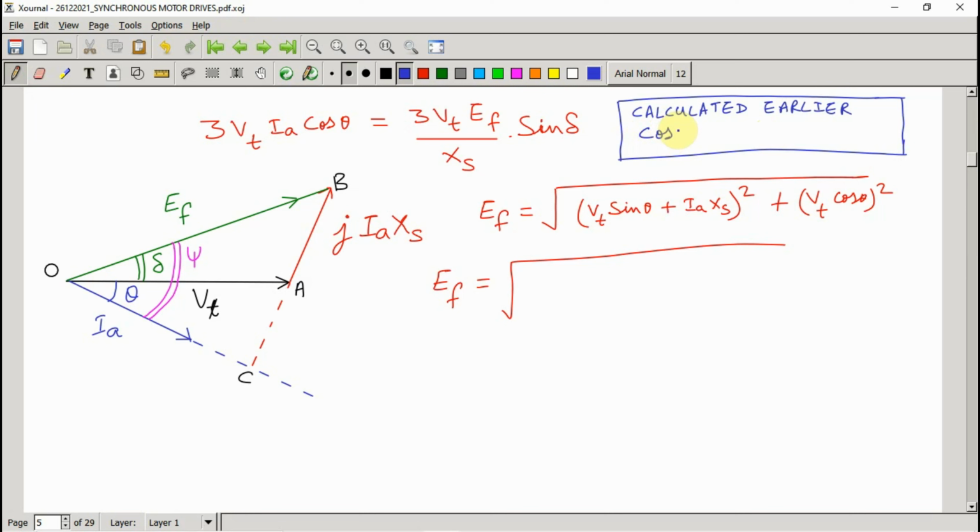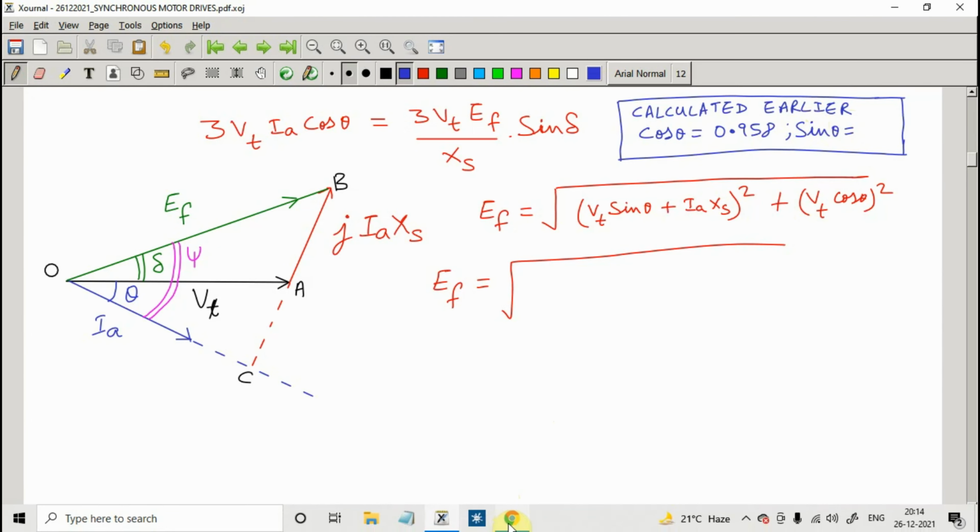So from here we have to calculate the value of sine theta. Obviously the value will come very small, but let us see how much it is.